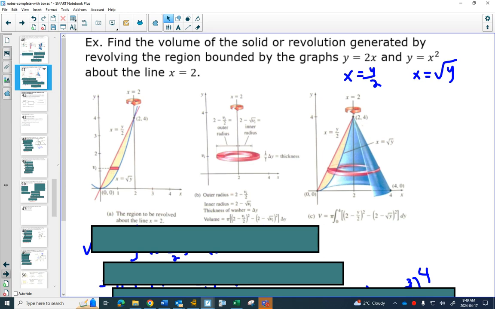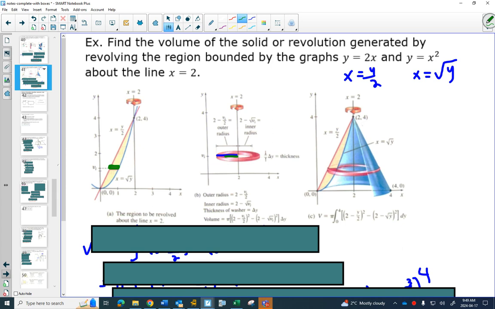So when I'm thinking about rotating this little section around here to get this washer that we see in the second picture, we have to think, how big is this outer radius in blue, and how big is this inner radius in green?